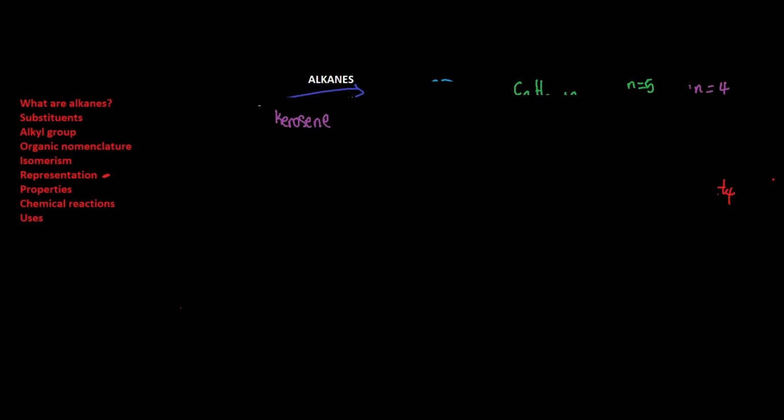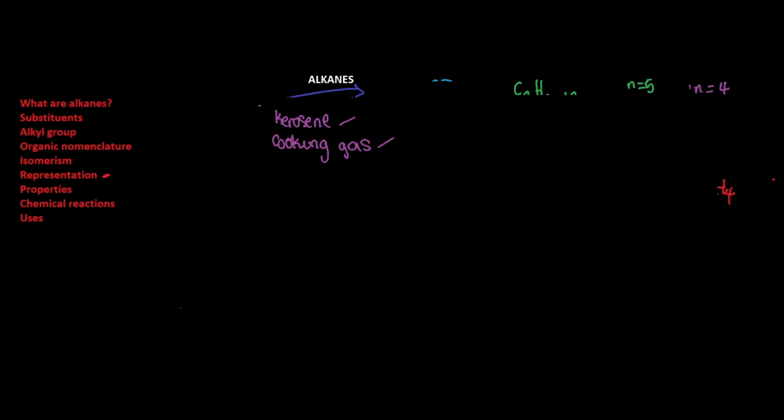Kerosene that we use is actually an alkane. The cooking gas we have at home, liquefied gas, is also an alkane. So this is just very briefly kerosene, cooking gas. There are a lot of other uses of alkanes, and yes, basically this is what this video is about.